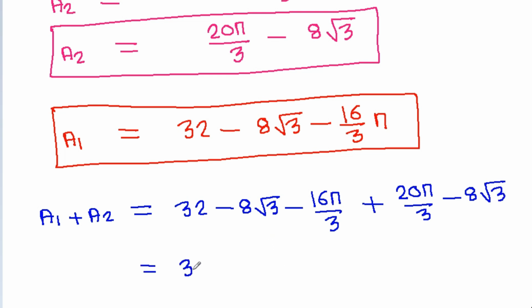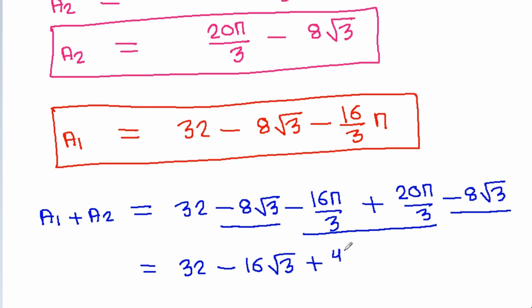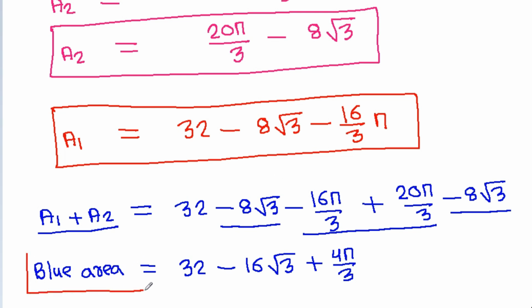And it is 32, and minus 8 times square root of 3 minus 8 times square root of 3 will be minus 16 times square root of 3, and 20 pi by 3 minus 16 pi by 3 will be plus 4 pi by 3. And A1 plus A2 is the area, so it is the required area.